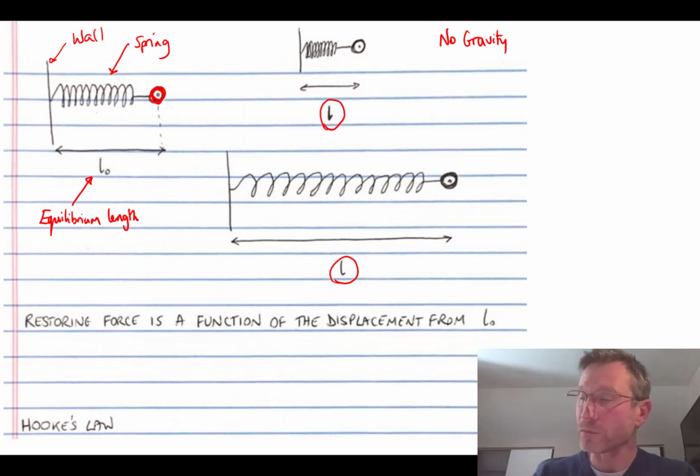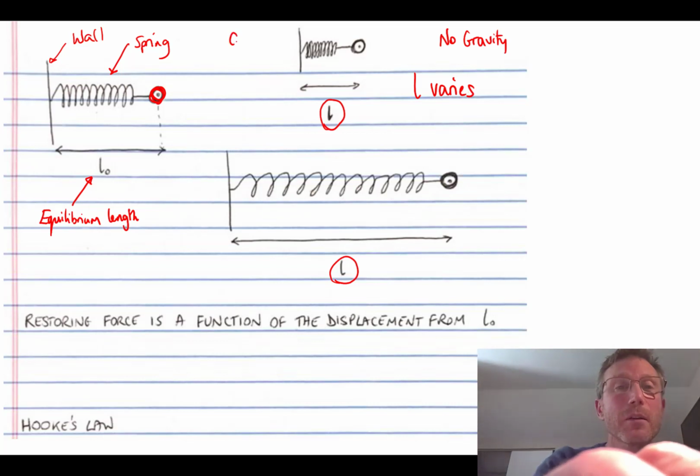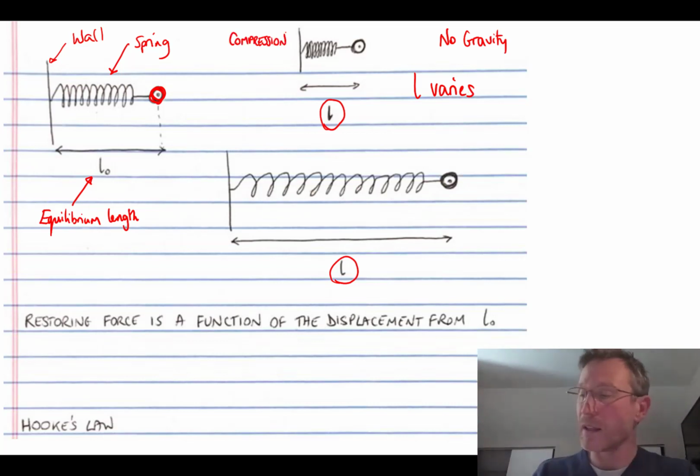It's the position. So let's make a note of that. So L varies. And here's our compression up here. And we will call this our rarefaction. In fact, maybe it's easier just to say that this is our stretch.